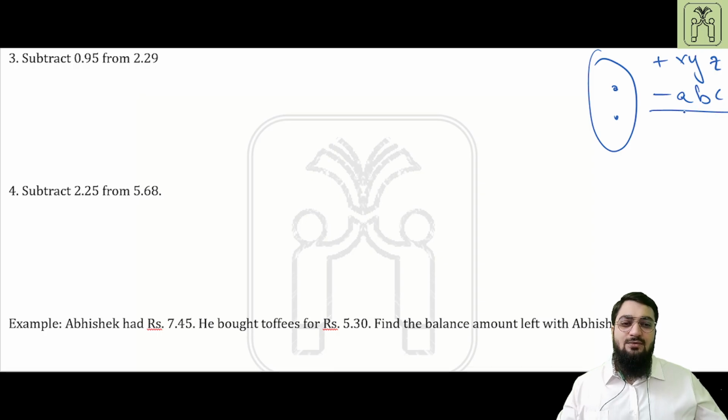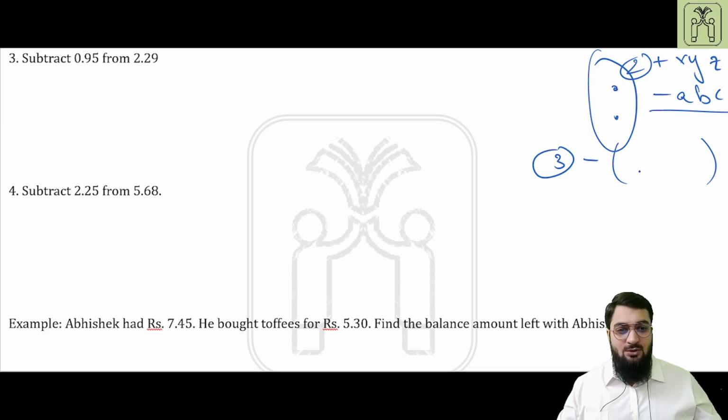The third point is that if you are subtracting a number which is larger than the number from which it is to be subtracted, then a minus will be taken outside, brackets will be used, and the concept of changing signs will be used, which we have discussed in our previous videos, and then you will just find the answer and a minus will be added to the answer itself.